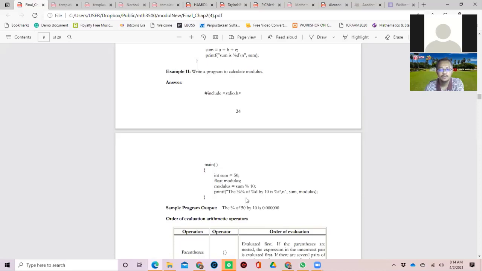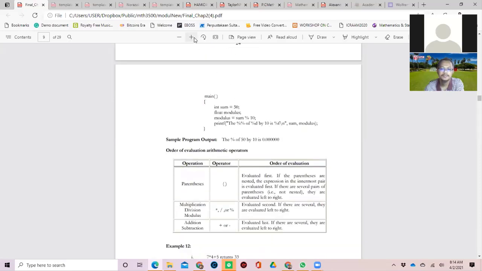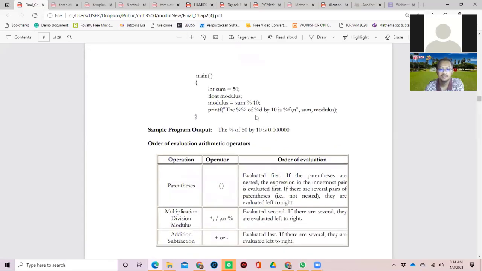So for the output, why do we put a double percent here? It has a meaning. If we want to write the symbol percent in the printf statement, we need to put double percent like this. If we put a single percent, the percent will not appear on your output screen.